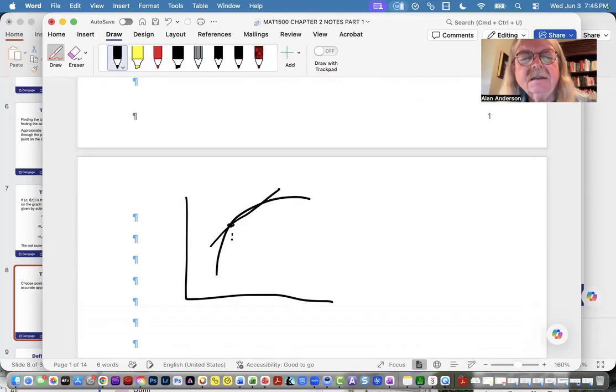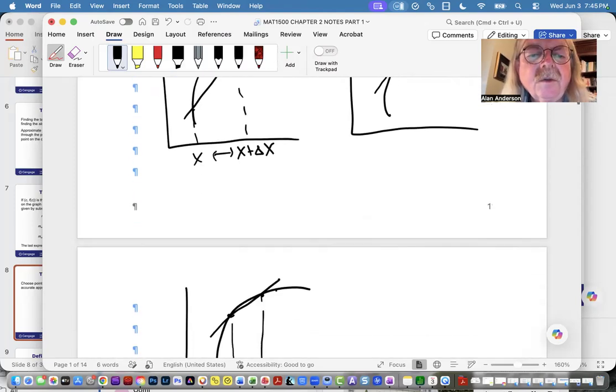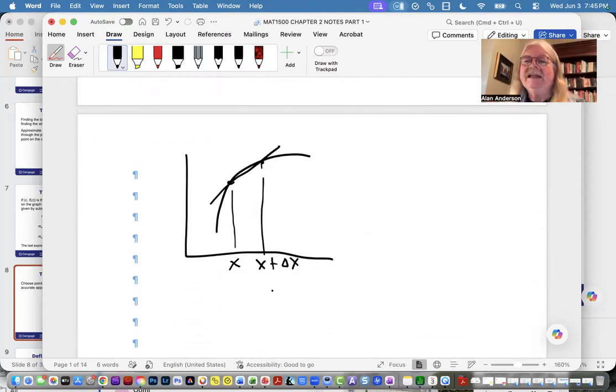Let's say this is some other x, and this is the new x plus delta x, or this could be the same x, but now this is a different delta x.